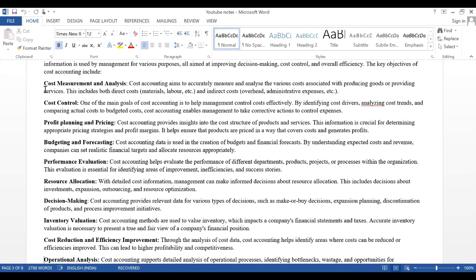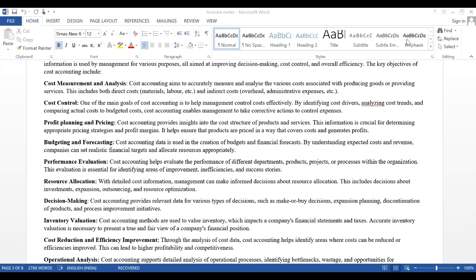Once we calculate the profit, then we can fix the price: your cost of production plus profit gives the total or the selling price. So it will help you to ascertain the profit planning and pricing.